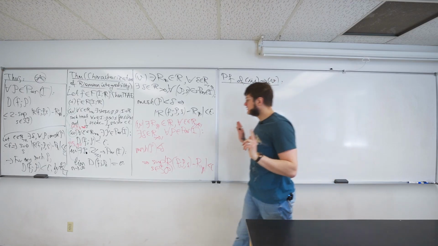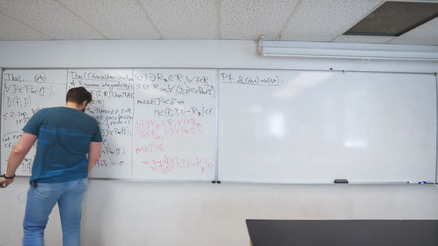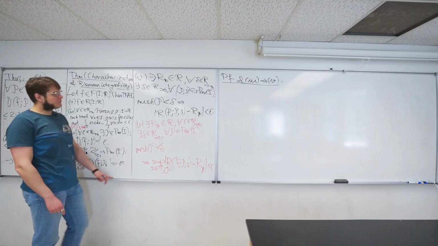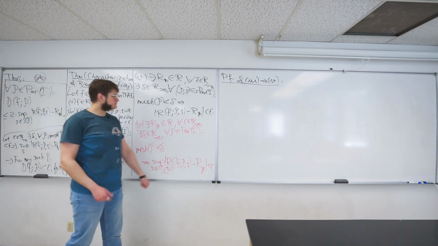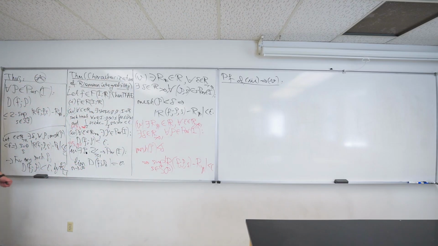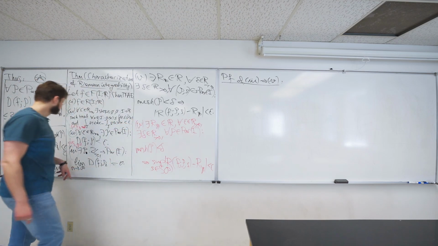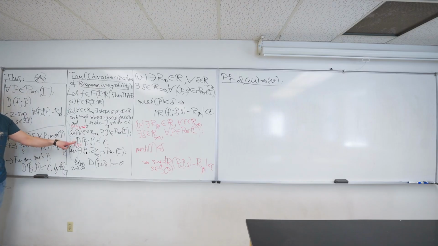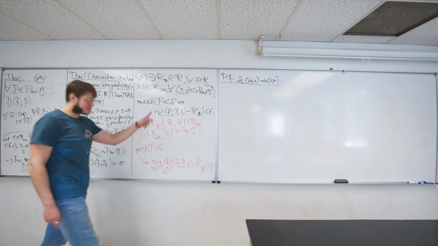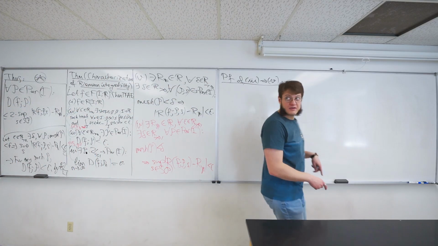Again, I'm not going for epsilons. I start from the end. Okay? Now I start with something like this. And I'm going to try to upper bound it using something of this form.